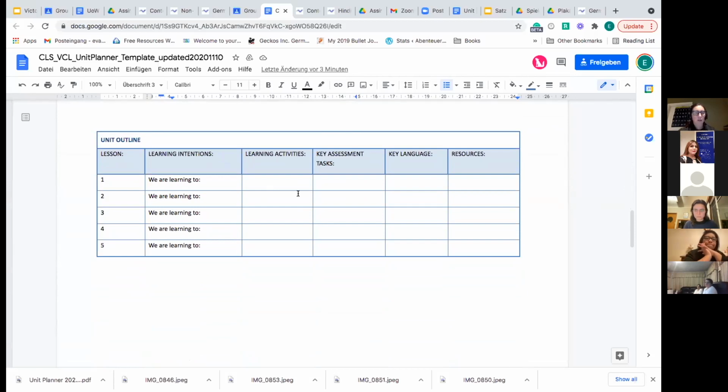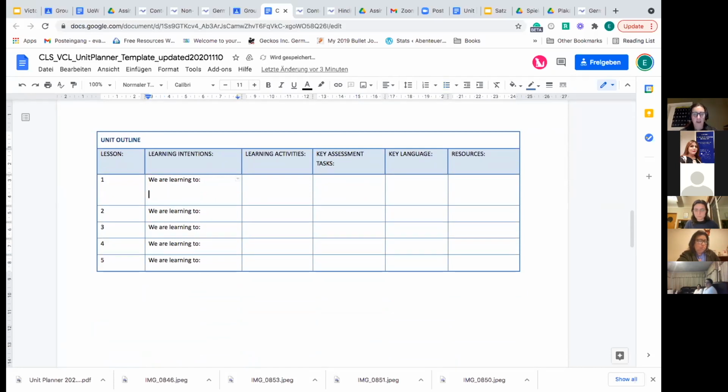So in the first lesson, what are we going to learn? These are the learning intentions. So I want to teach them what verbs are and what regular and irregular verbs are.